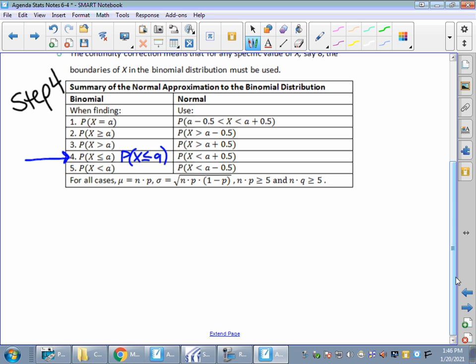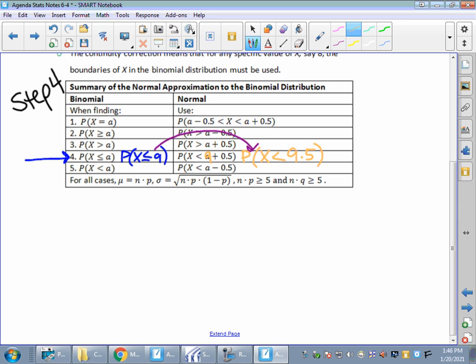So when we use this in the normal distribution, in my calculation when I find the z-score, I have to actually find P of x is less than my value 9 plus 0.5, so 9.5.